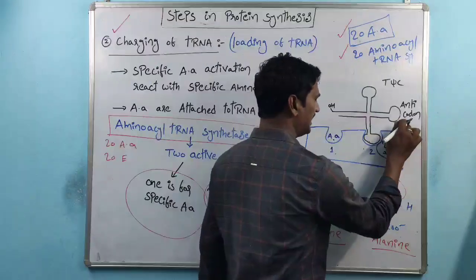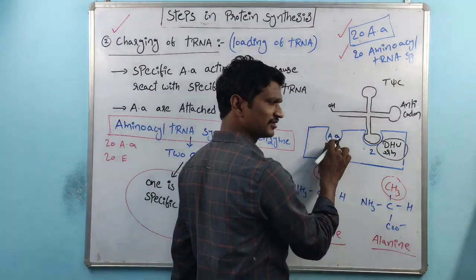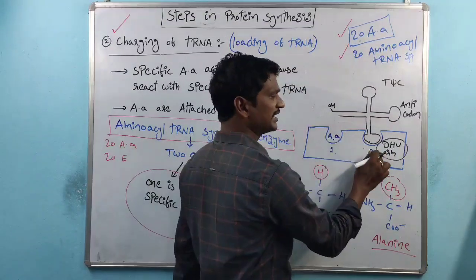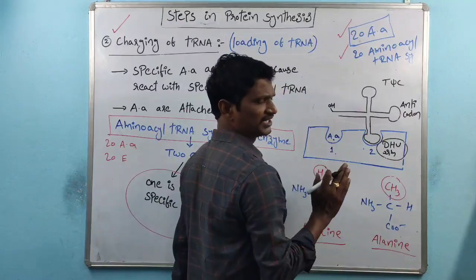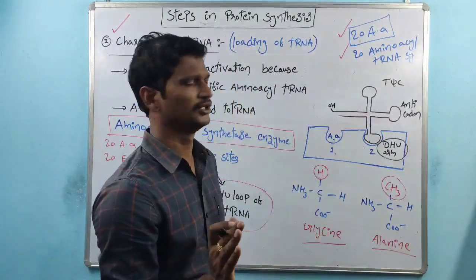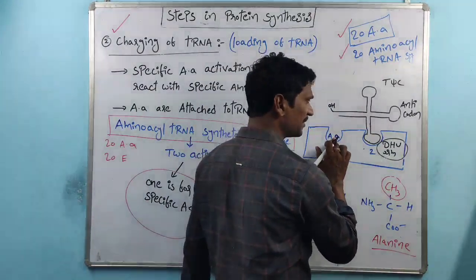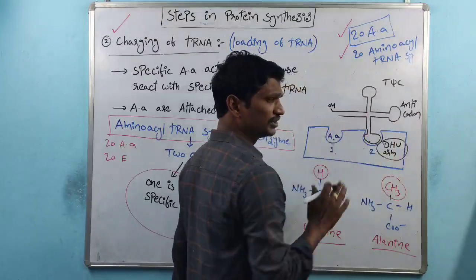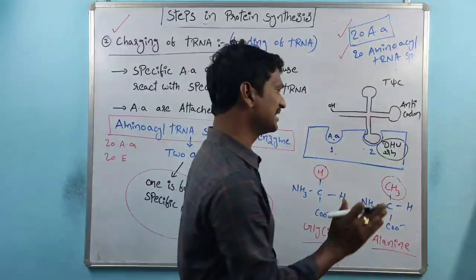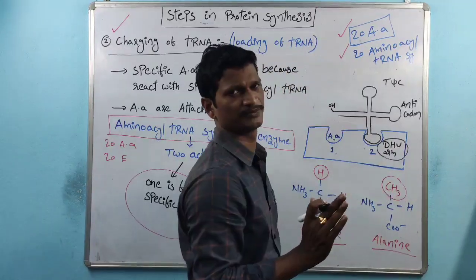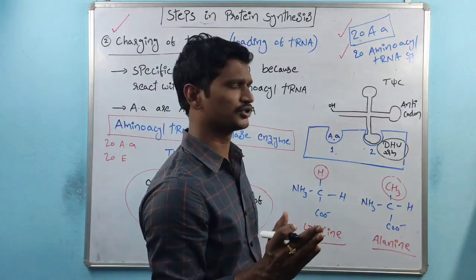Both of these are matched. Anticodon and amino acid are matched. The DHU arm is also matched. See, between these two, the amino acid and anticodon, if both are not matched, the DHU arm is also not matched.